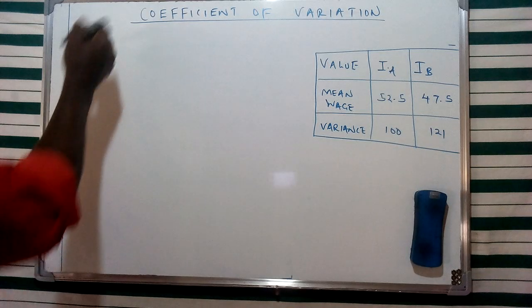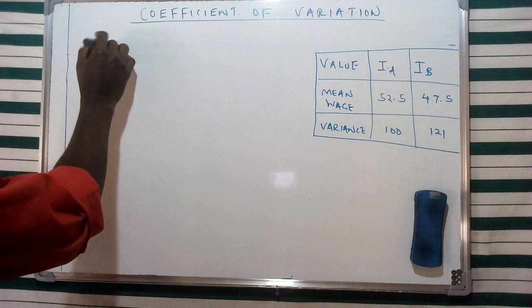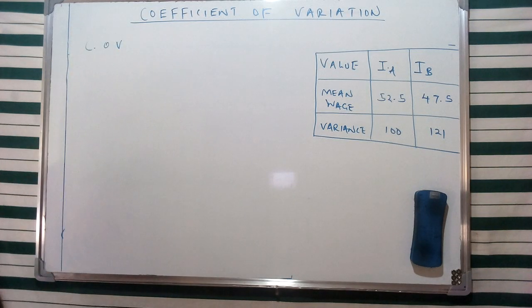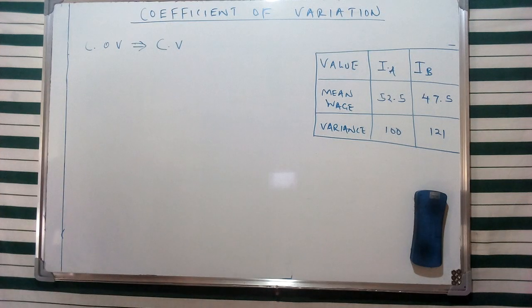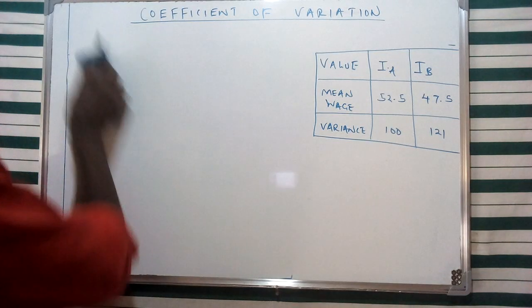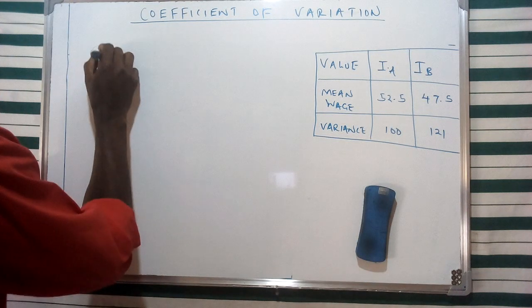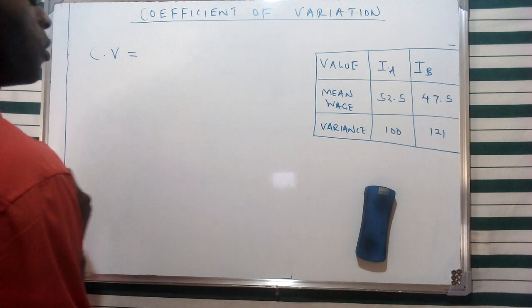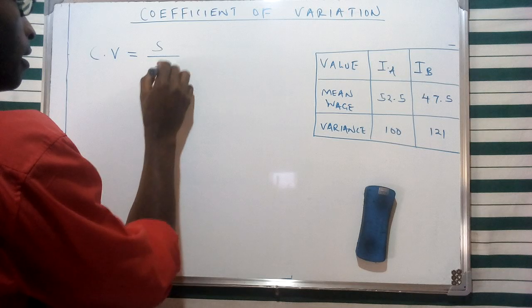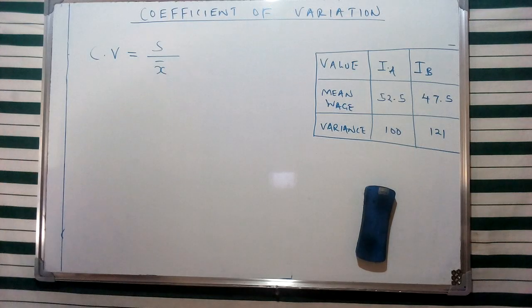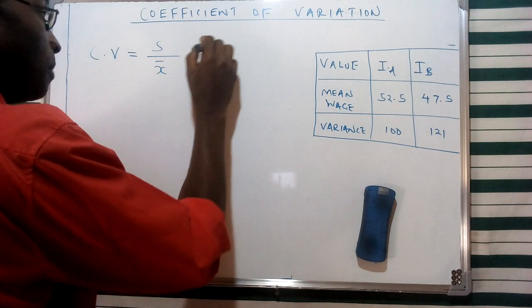Therefore, for us to understand the coefficient of variation, we're going to have it, for the sake of space, initialized as CV in our discussion. We can define the coefficient of variation as a ratio between the standard deviation over the average, which is referred to as the mean, expressed as a percentage.